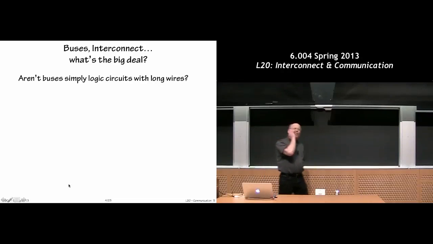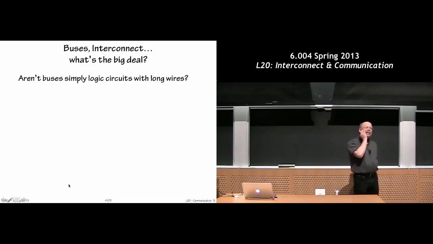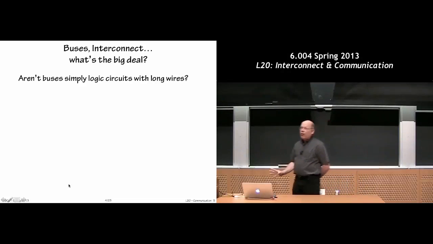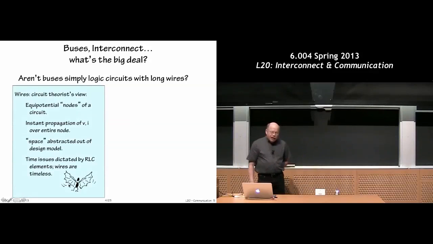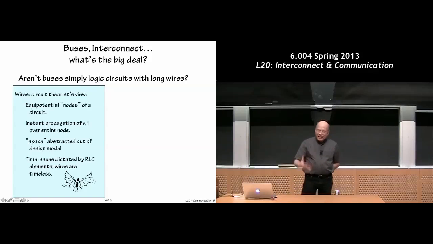So what's the big deal? I mean, what's magic about buses? They just seem like bigger logic circuits with wires measured in many inches or maybe feet. Can't we just live with that? And the answer is no, but it takes a little getting to that conclusion.